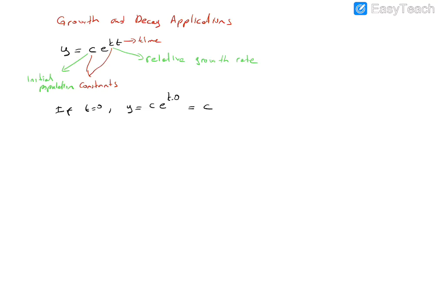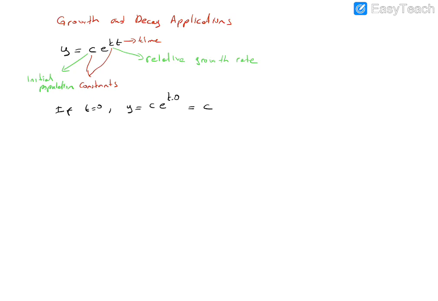Suppose that y equals c e to the power kt models the population of a country, where y is the number of people and t is time in years.